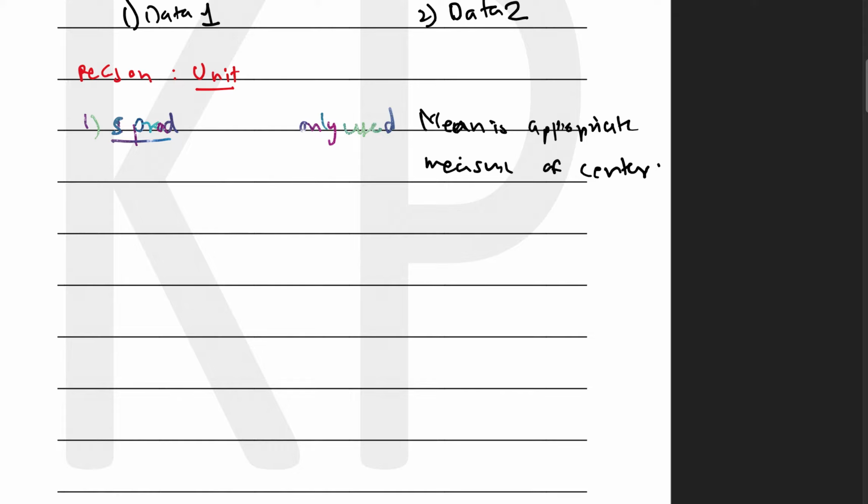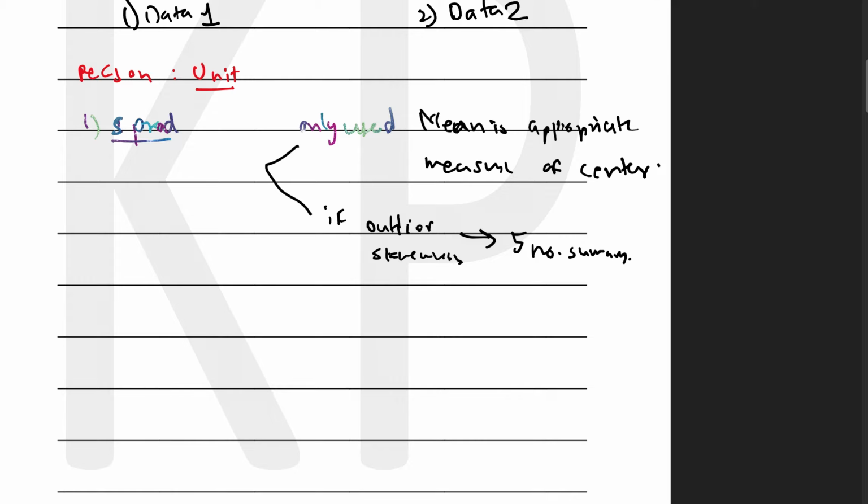So when you have everything appropriate and the mean is an appropriate measure, you can go ahead and use the standard deviation. But if you have an outlier or skewness in your data, then instead of standard deviation, you should go for the 5-number summary to summarize your data.